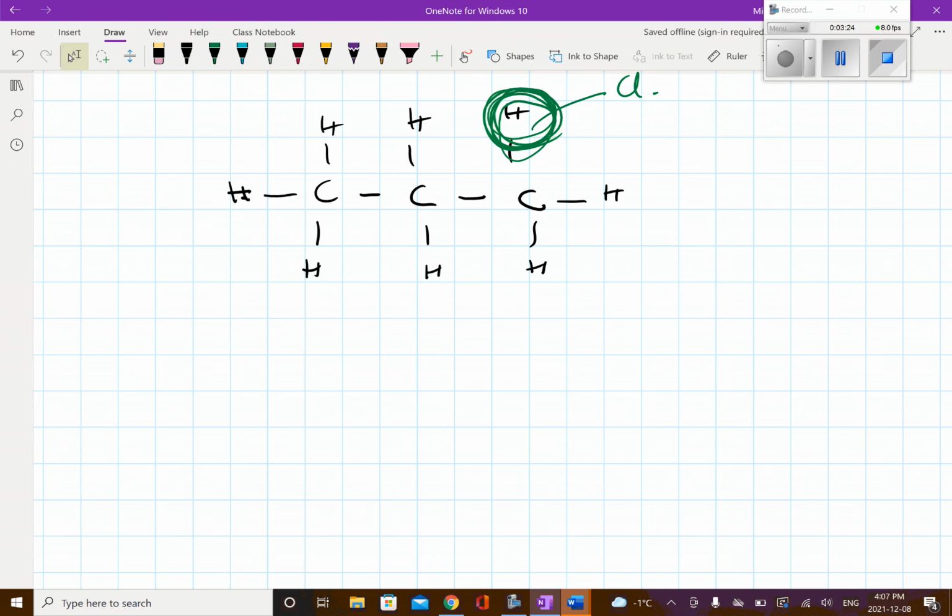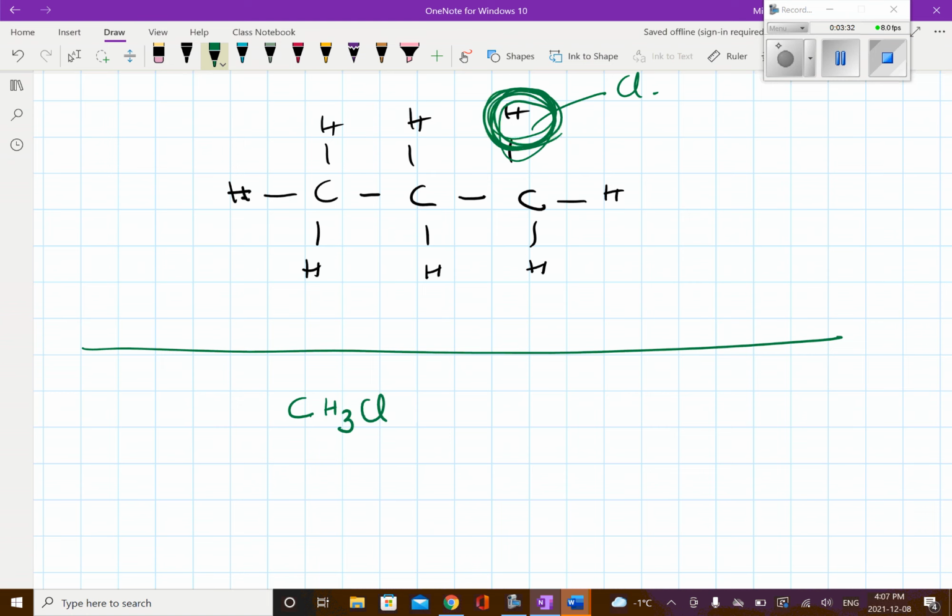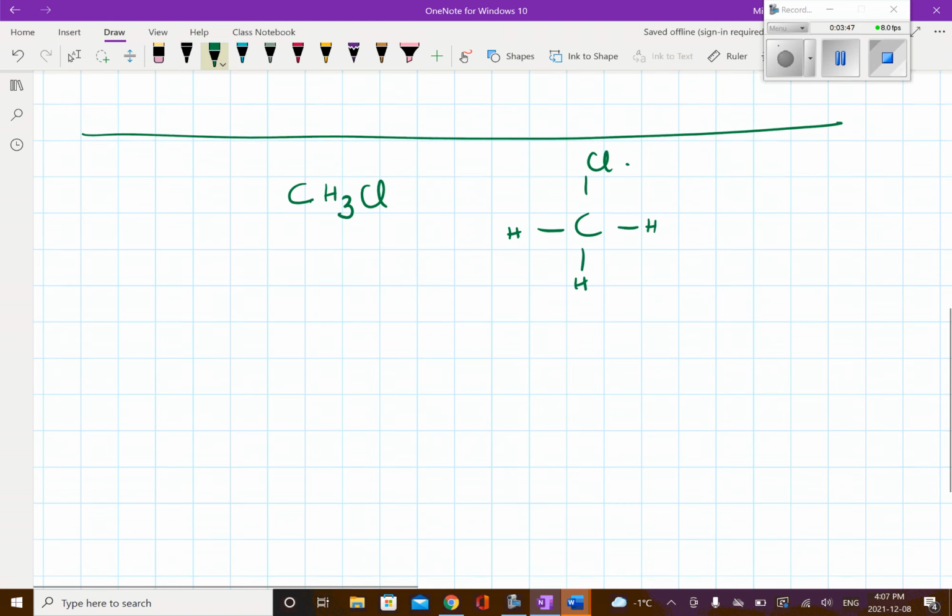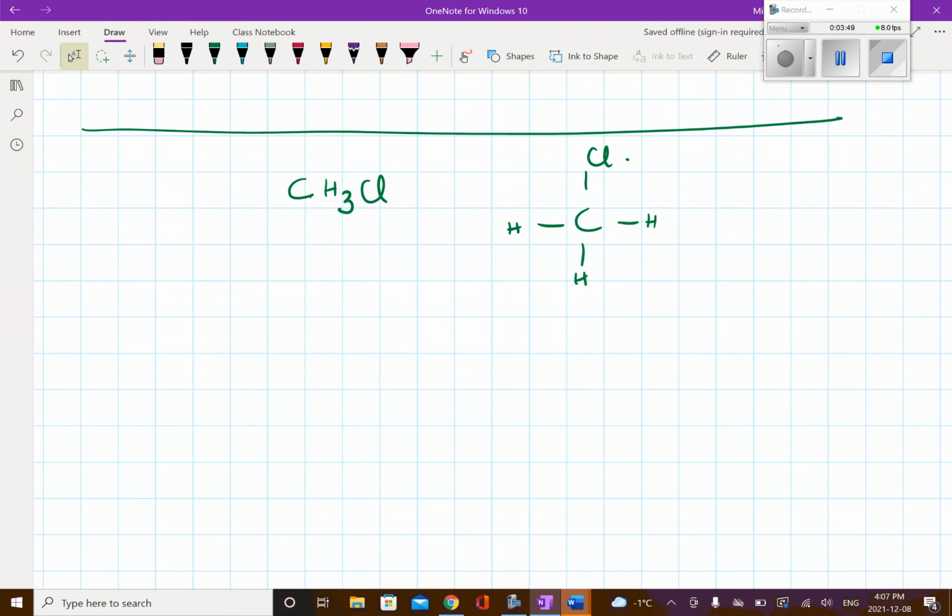So let's suppose that we have CH3Cl. We have one carbon, and then hydrogen, hydrogen, hydrogen, and in one of them we have chlorine. Instead of a hydrogen, you see a chlorine in the structure.